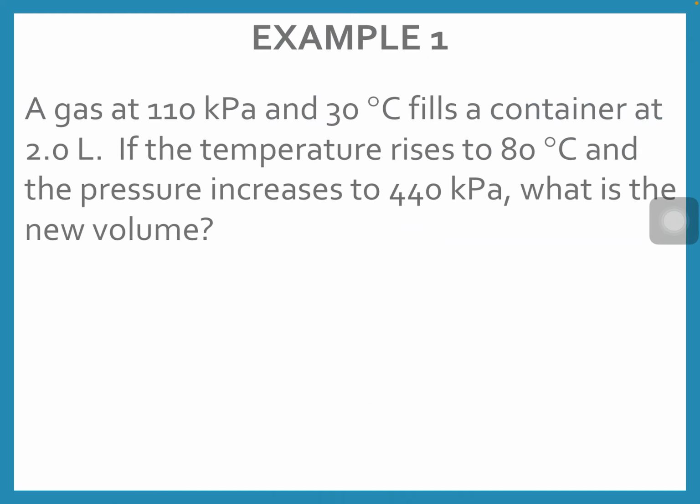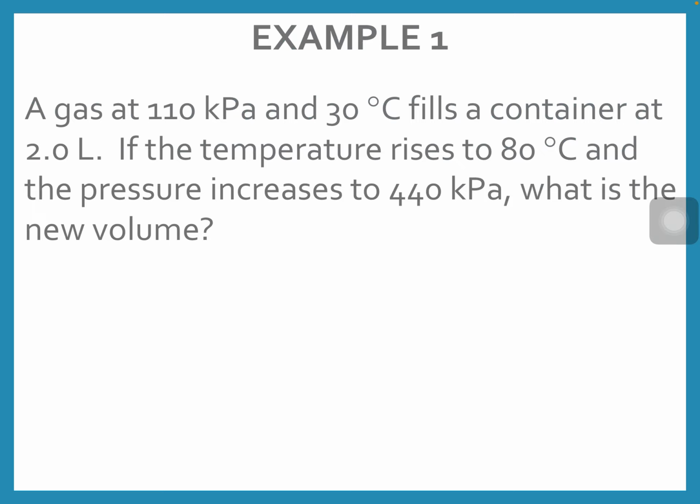So if I have a gas at 110 kilopascals and 30 degrees Celsius, and at that point, the container takes up 2 liters of space. And then the temperature rises to 80 degrees Celsius and the pressure increases to 440 kilopascals. What would be the new volume?